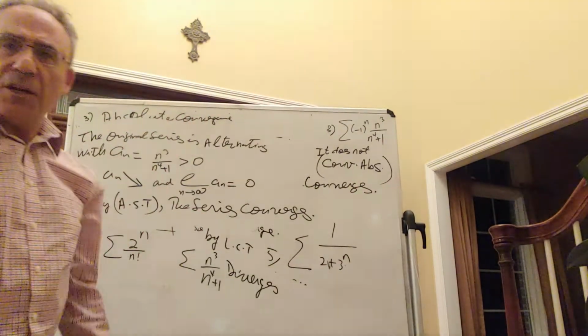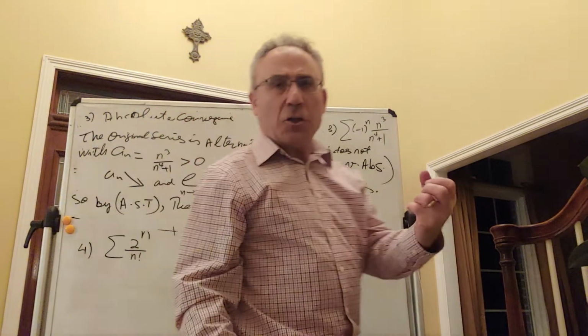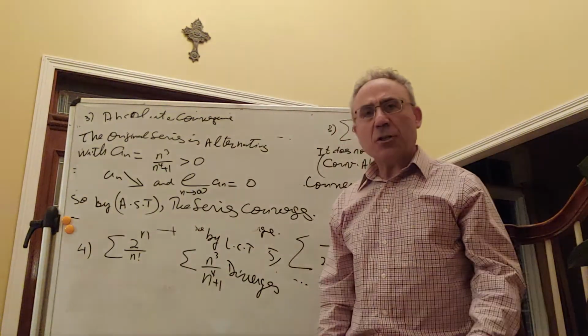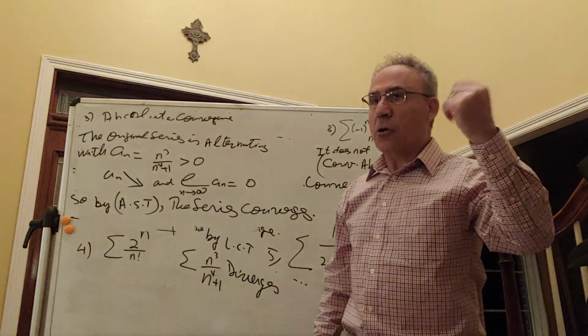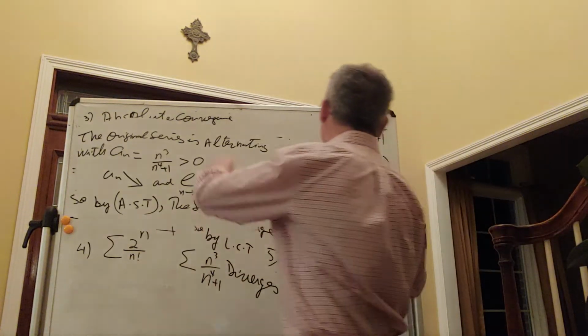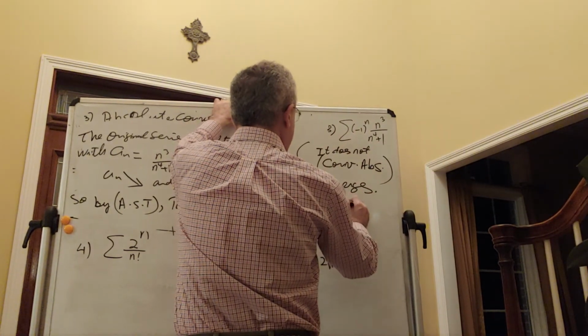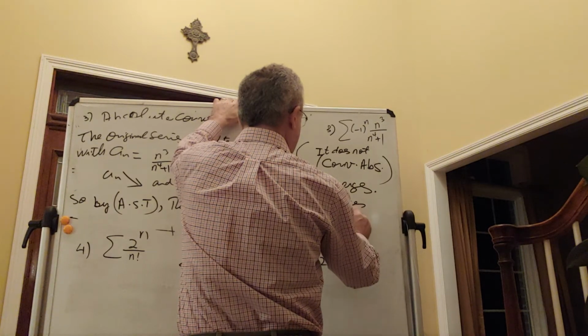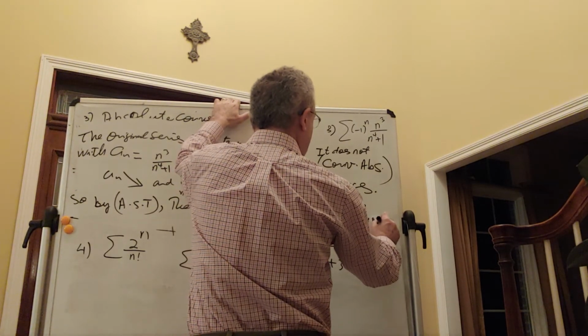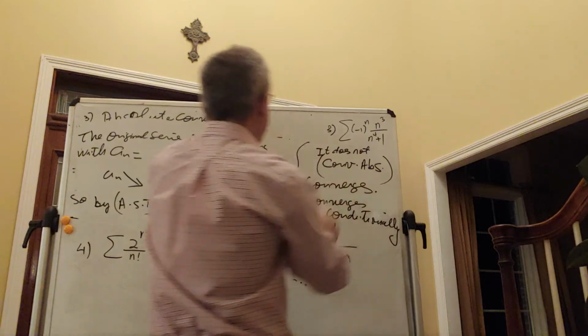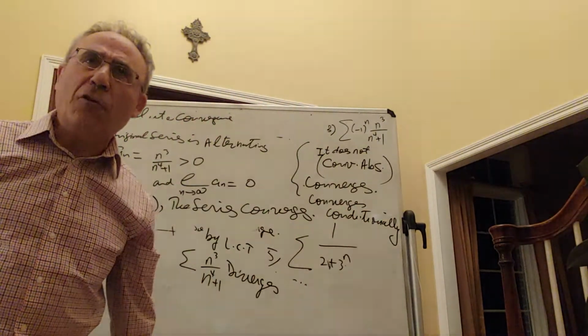So what do we call a series that converges but does not converge absolutely? Conditional convergence. So this one converges conditionally. When do we test for conditional convergence?